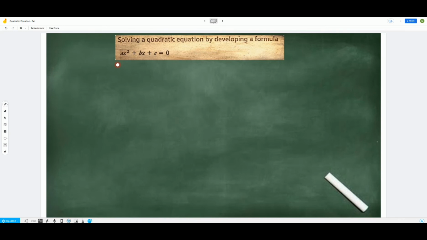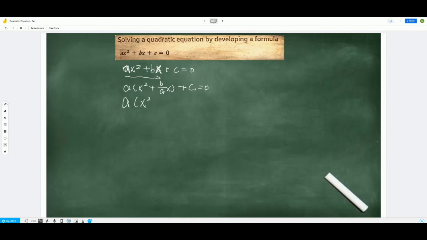So let's copy first: ax squared plus bx plus c equals 0. We focus on this part. So we factor out a: a times (x squared plus b over a x) and leave c outside, equals 0. Here we create a perfect square.